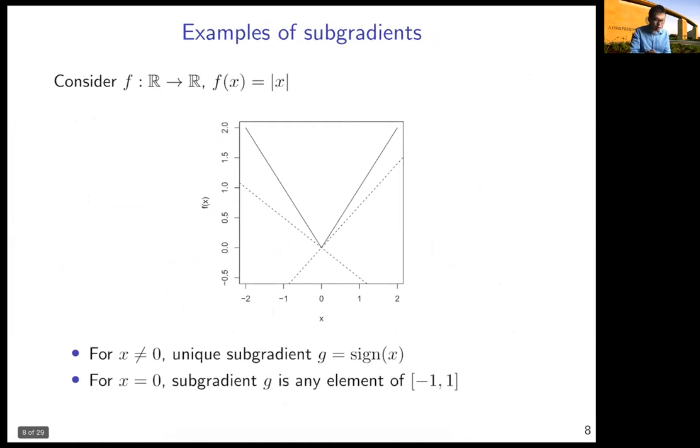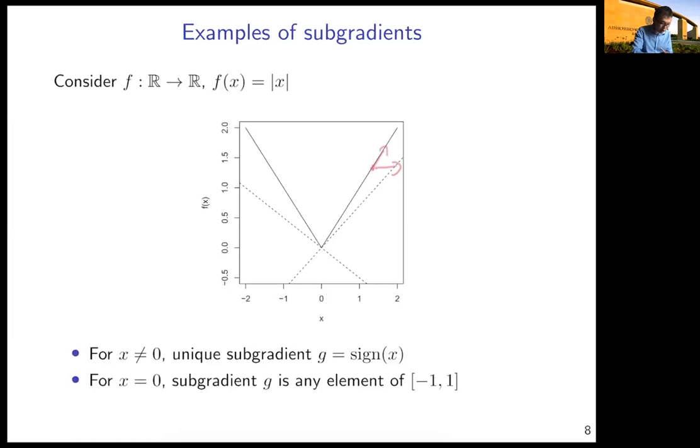Let me start giving a couple of examples. Let's start from a one-dimensional function, the absolute value. For all x where x is not 0, the function is actually differentiable, so we can clearly see which direction the gradient is pointing. The gradient is just the sign of x.